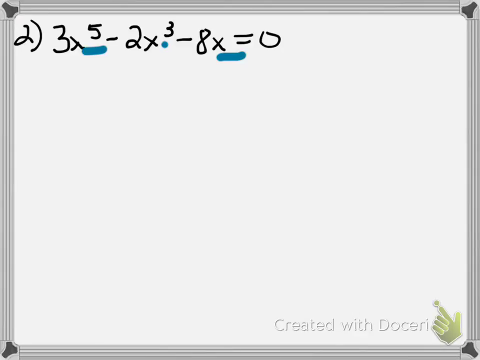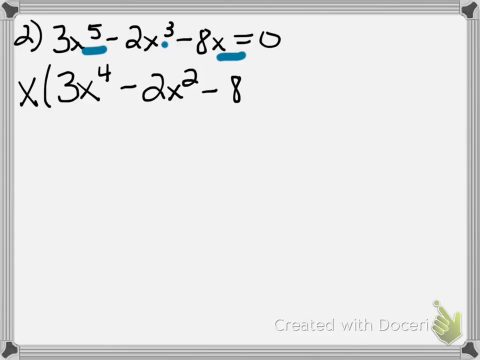That happens with sum and difference of cubes as well as this. So here I'm going to factor out an x, and then I have 3x to the 4th minus 2x squared minus 8 equals 0.